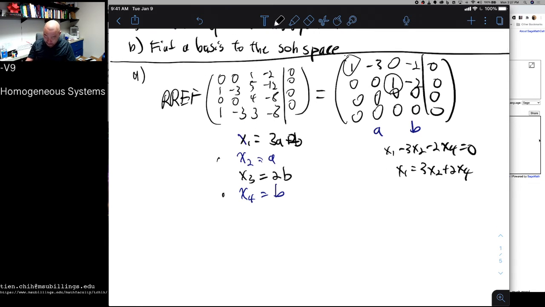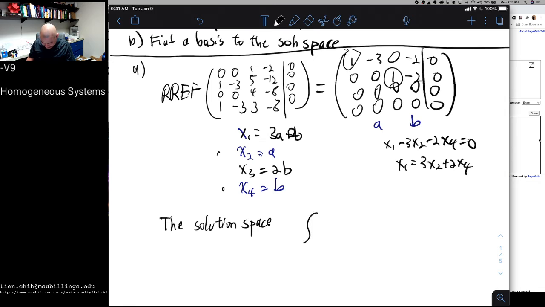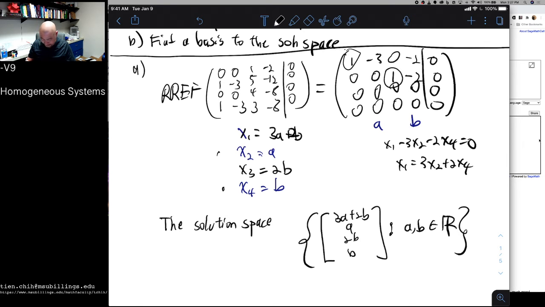So what we have as a solution space then must be the set of all vectors (3a plus 2b, a, 2b, b) such that A and B are real numbers.